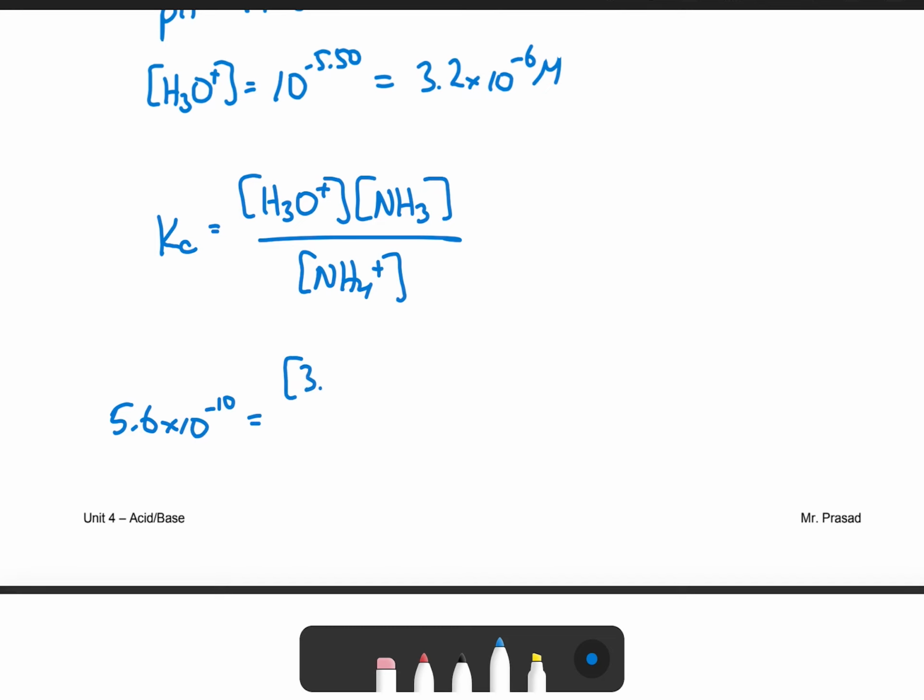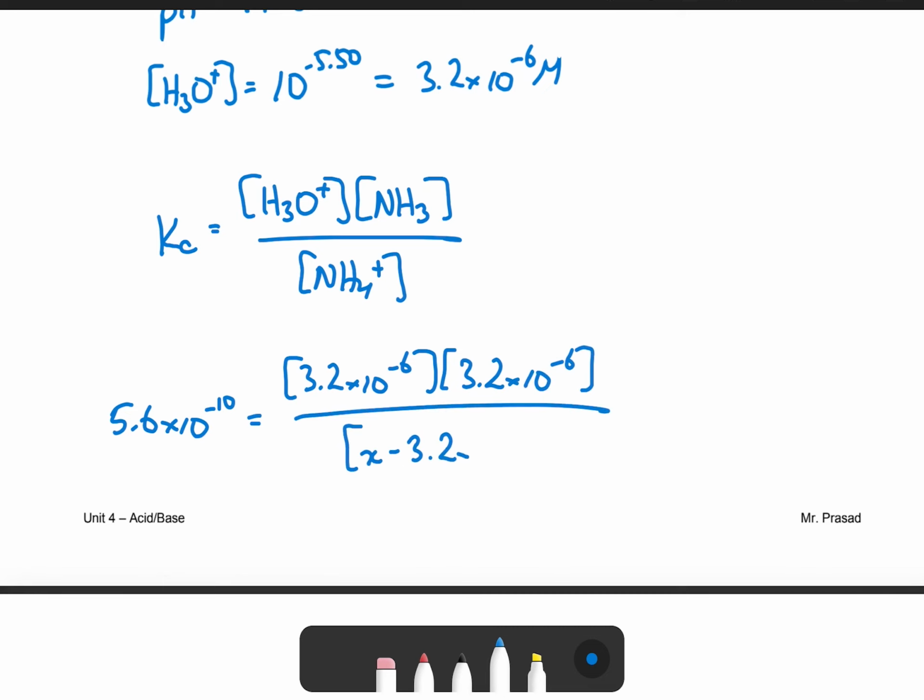Substitute our values in from our ICE table. And now we have an equation where we can go ahead and solve for x. So let's go ahead and do the math here and solve for x.